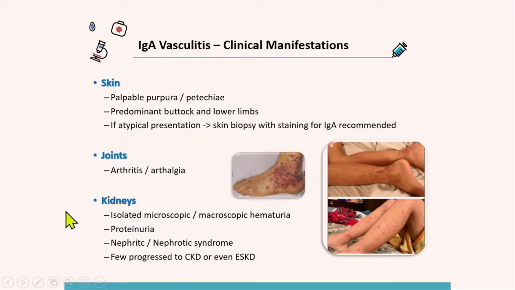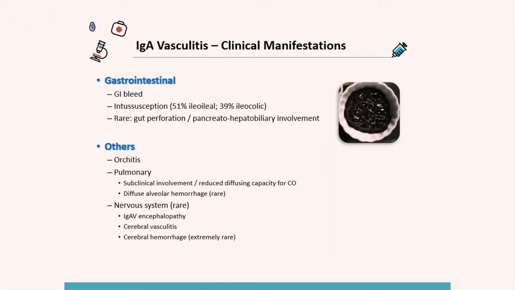For the joints, they would have arthritis and arthralgia. For the kidneys, as far as we are discussing today, patients can come in with macroscopic gross hematuria or isolated microscopic hematuria. Some patients will come in with frothy urine, or even worse, with nephritic or nephrotic syndrome. A few patients may progress to chronic kidney disease or even require dialysis.